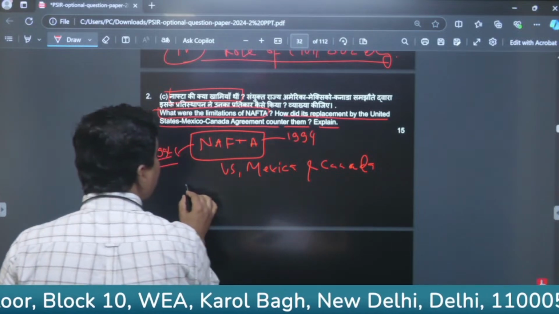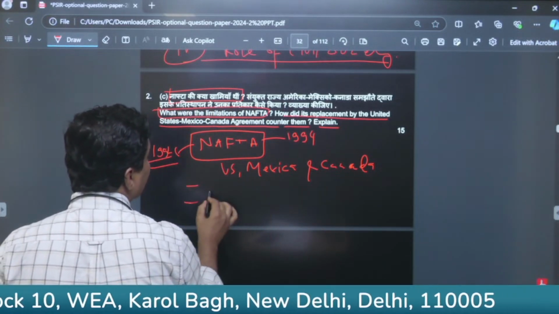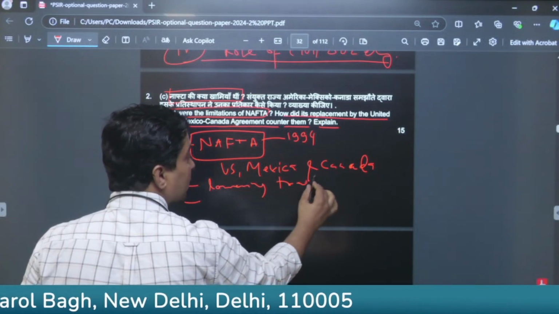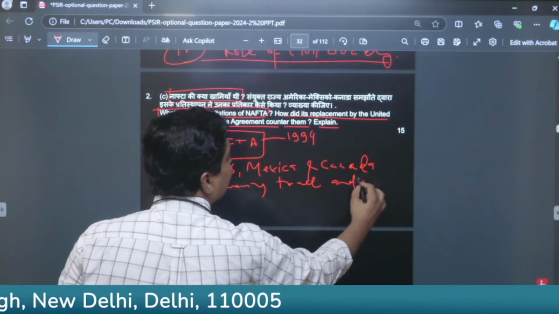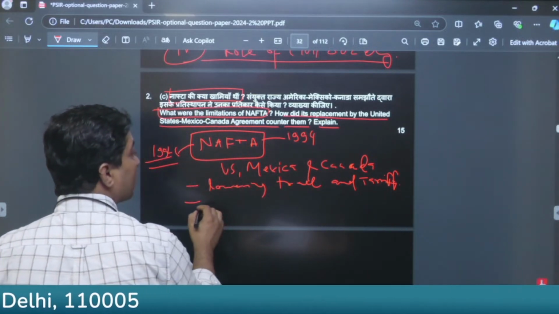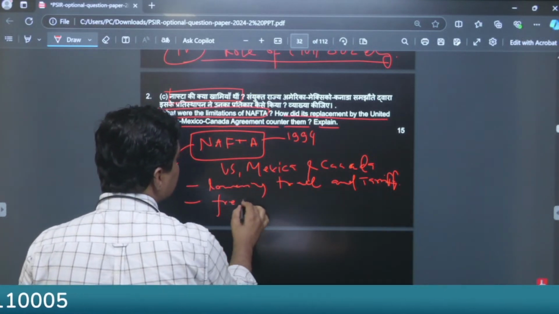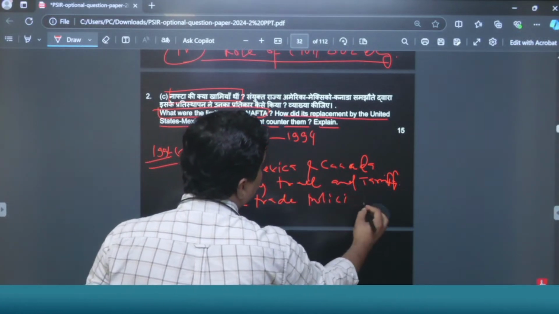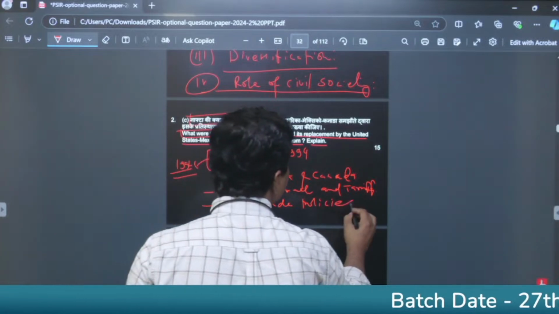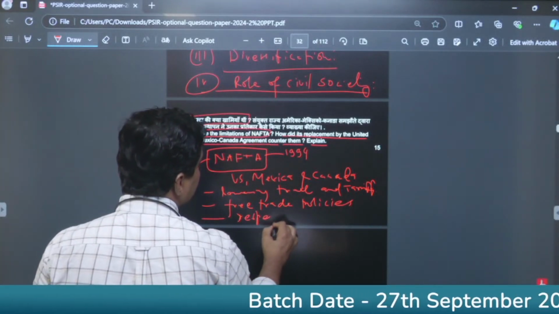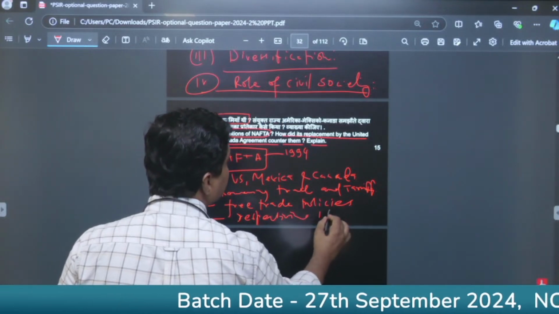And the purpose was lowering trade barriers and tariffs, free trade policies, and respecting intellectual property rights, IPR.